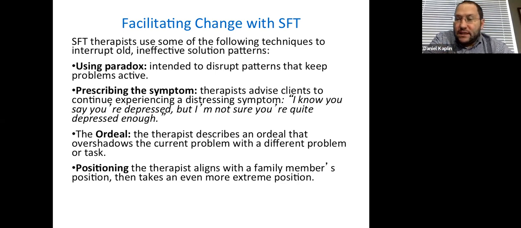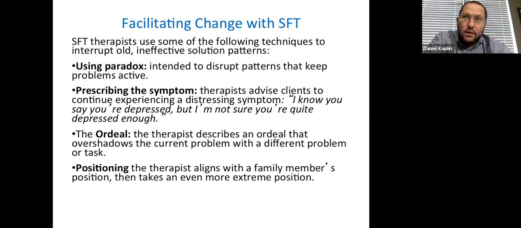And then positioning. Now, this is delicate, right? Because if you have members of the family who have a personality disorder, positioning could be very, very challenging, right?